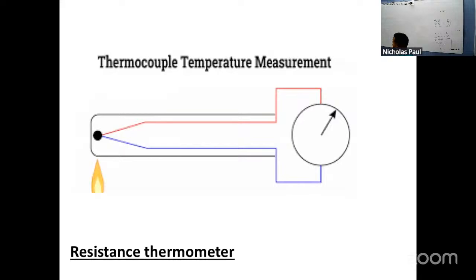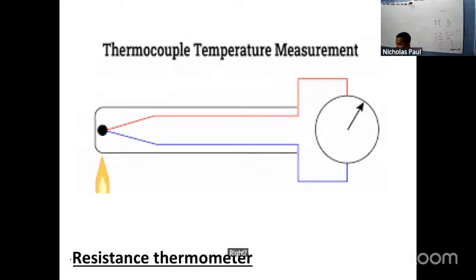Here we have a simple example of a thermocouple. A thermocouple is made up of a few little things.